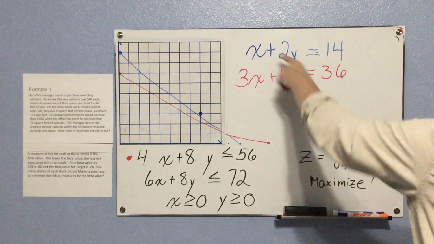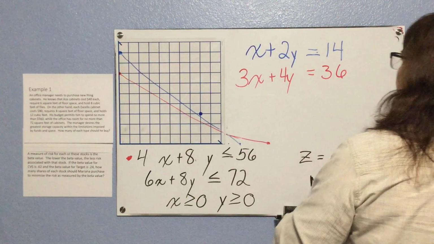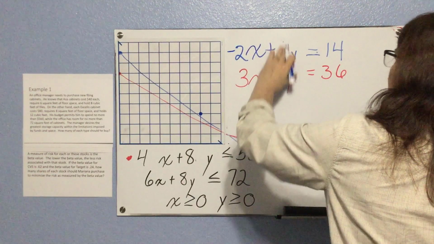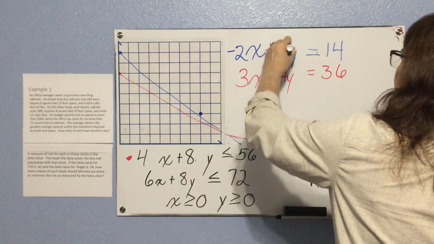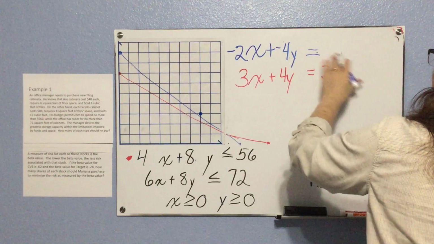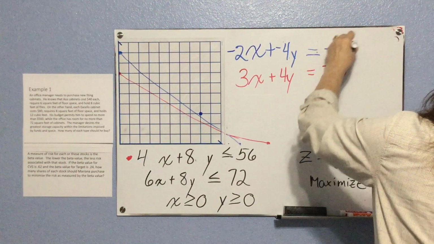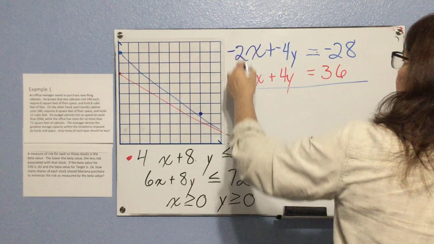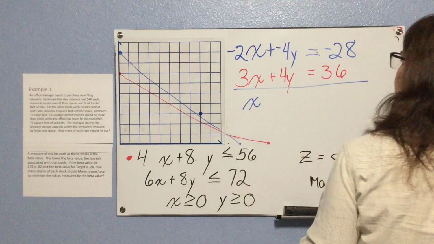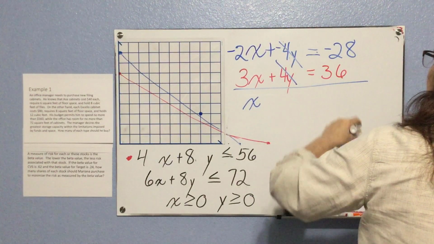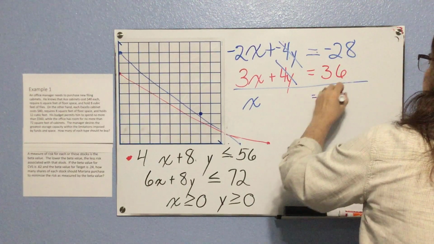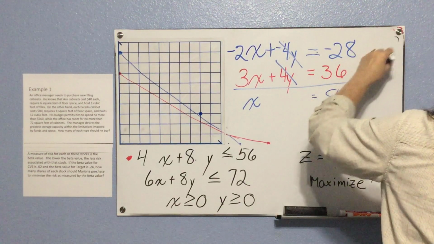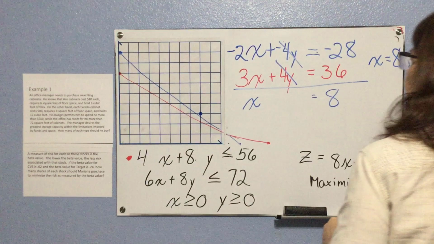I'm going to multiply that first equation by -2. So I'd have a -2 there. This 2 is now -4. And 14 becomes -28. So now -2x and 3x is going to be just x. These cancel out. -28 plus 36 is 8. So x equals 8. And now let's find y.